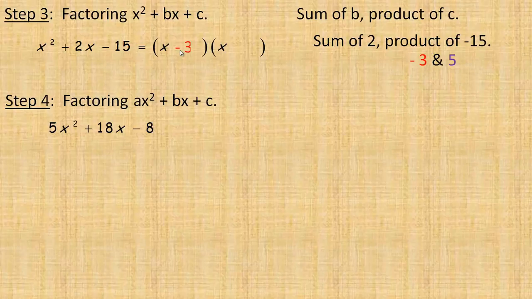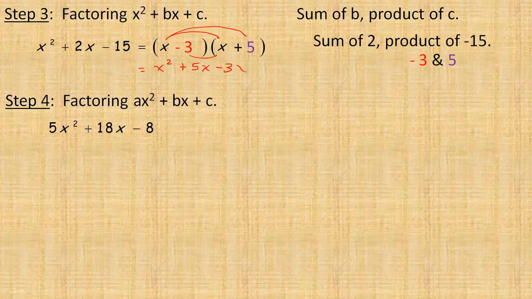So what we do with the negative 3 and 5 is this is going to be x minus 3, and this is going to be x plus 5. And we can check by multiplying together. Actually, let me just do that. You always check any factoring by expanding. So x times x is x squared. x times 5 is 5x.